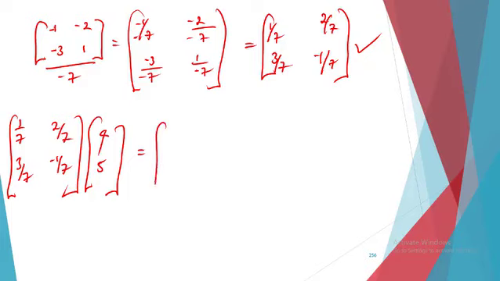We have 1 over 7 times 4 plus 2 over 7 times 5, and then we have 3 over 7 times 4 plus minus 1 over 7 times 5.